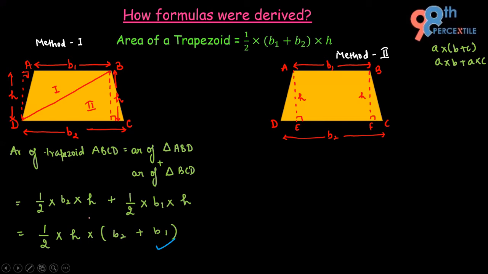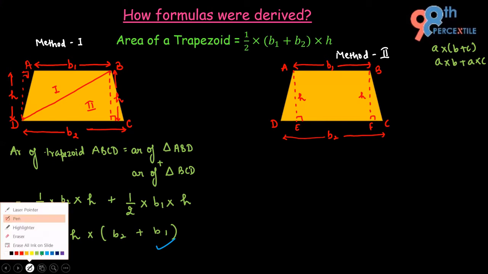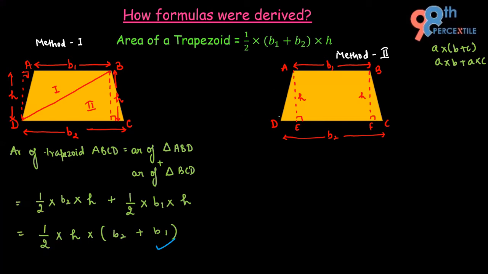Now, what I'm going to do here is I'm going to take these two triangles ADE and BCF, this triangle and this triangle. I'm going to pick up these two triangles and I'm going to join them together.